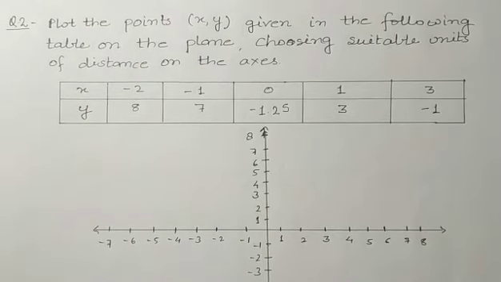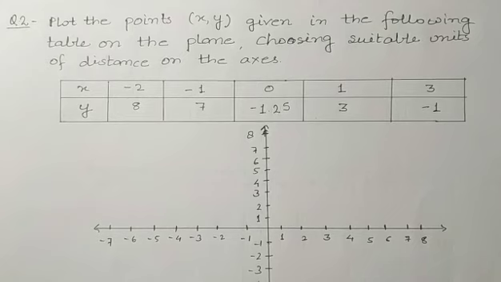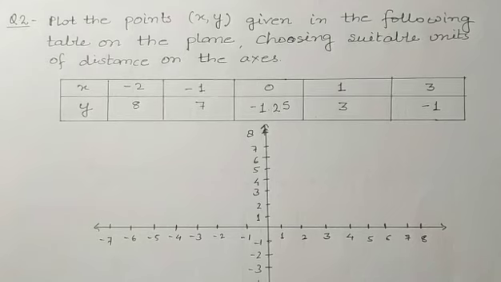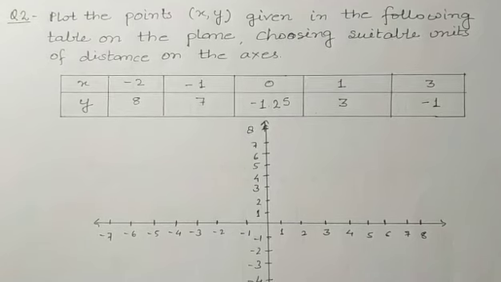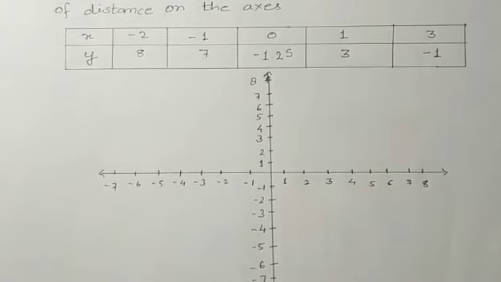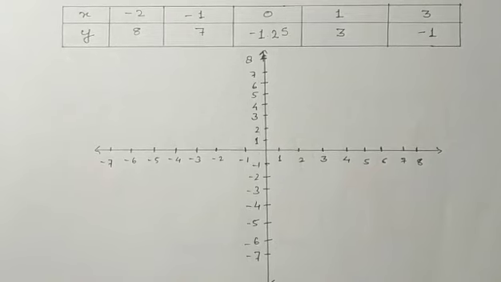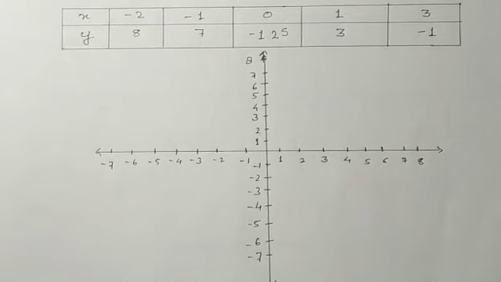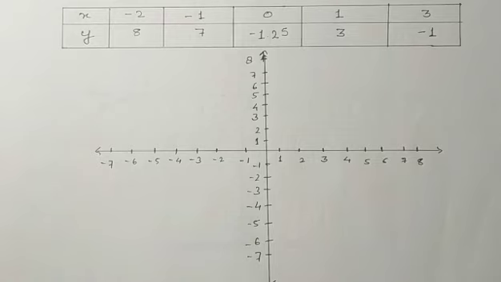Question number 2, students: plot the points x comma y given in the following table on the plane, choosing suitable units of distance on the x-axis. Okay students, so this is the table, and in this table the values of x and y are there.